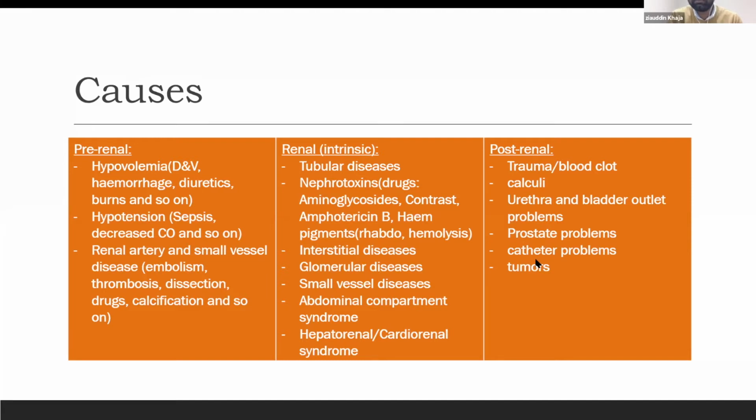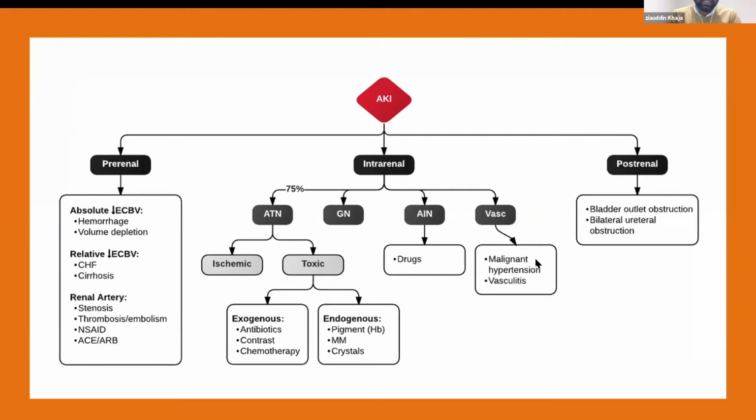And catheter problems, especially people who are already catheterized and then come in with a blocked catheter. So this could be a post-renal cause, and then some tumors. Right, this is just a nice schematic of the causes we discussed earlier, briefly covering pre-renal, renal, and post-renal causes of AKI.